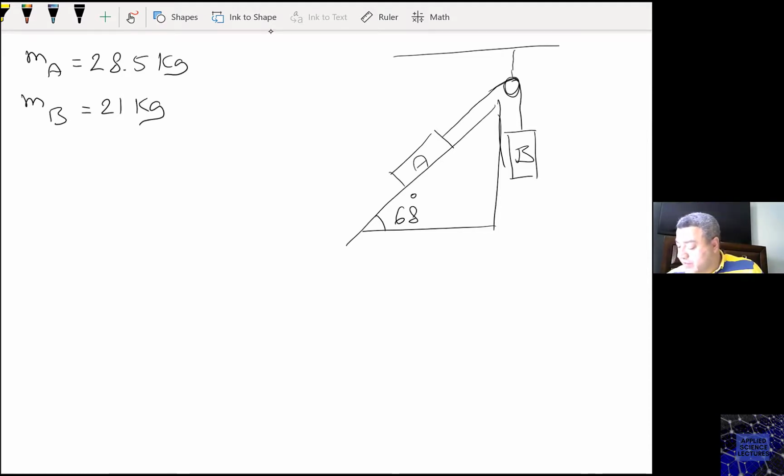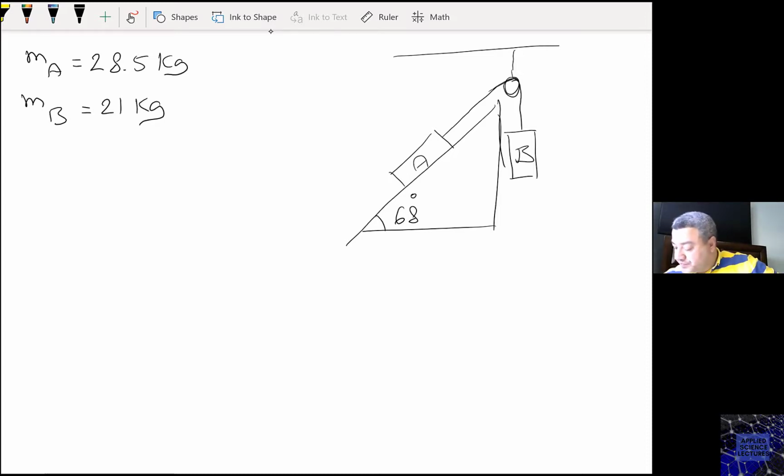There's no acceleration there, no net force, so it is at rest. The surface is frictionless, the pulley is frictionless. We need to determine the magnitude of the normal force on box B.